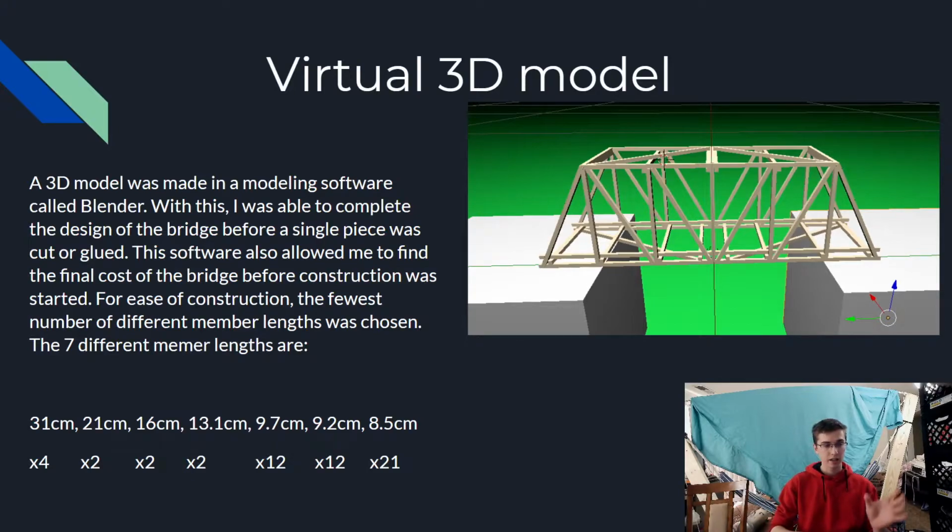I can cut like 2 31 centimeters, or 4 31 centimeters, just a fixed amount of each one, and I can do it beforehand. And it saves me time not having to cut a million different size pieces. This is really good for ease of construction and is a good habit going forward with other engineering projects, is to minimize complexity of construction.